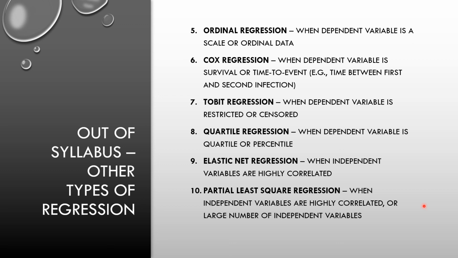Humans have about 23,000 genes, so I can use the expression levels of the 23,000 genes to predict something. That means you have 23,000 independent variables, so we can use partial least squares regression. This is our syllabus, which means if you need to learn them, you have to read up, or at least know that these are available.